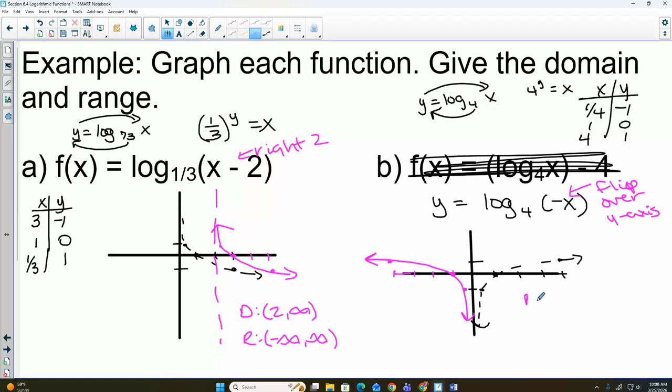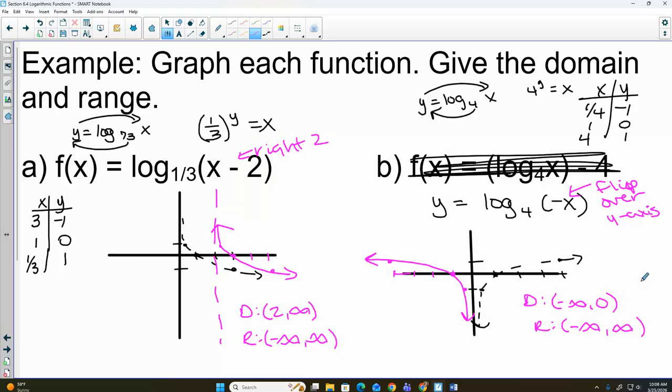What's my domain turn out to be then? And our range, still negative infinity to infinity. Is that okay?